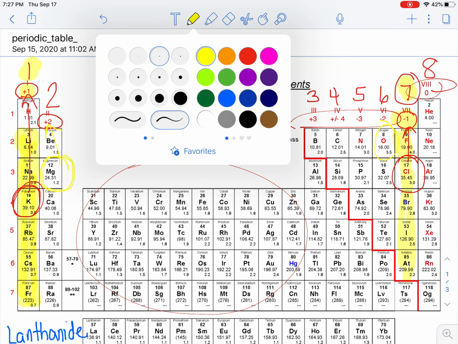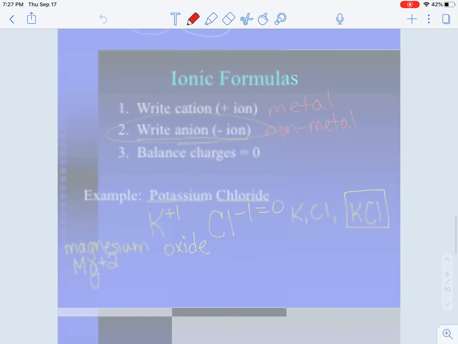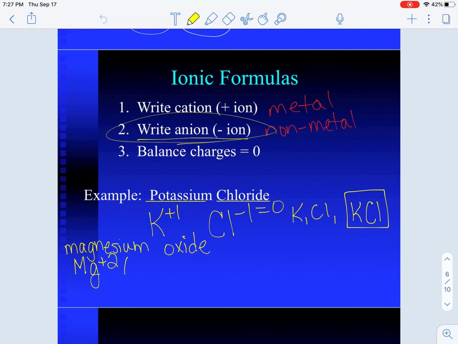So I find oxygen over here, it's element number 8, and it has a -2 charge. So oxygen, -2. +2 and -2 we know also equals 0, so we only need 1 magnesium atom and 1 oxygen atom. So the final answer is MgO.